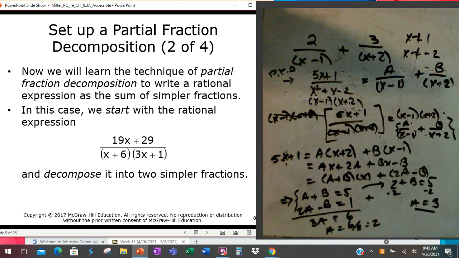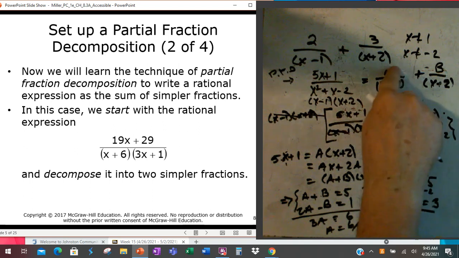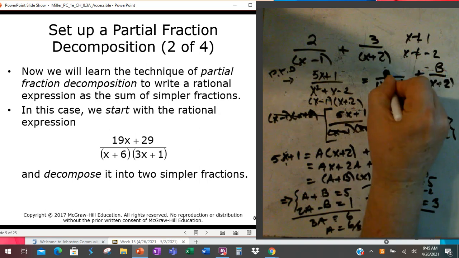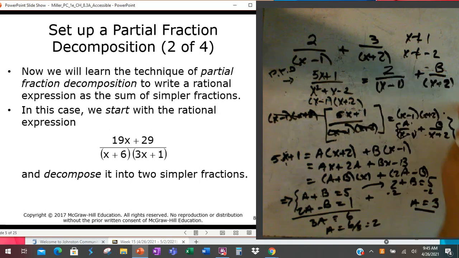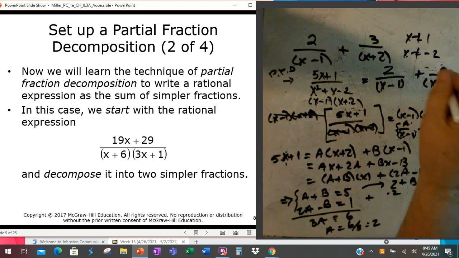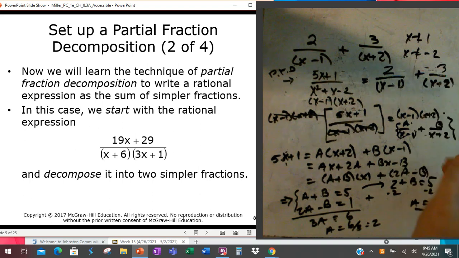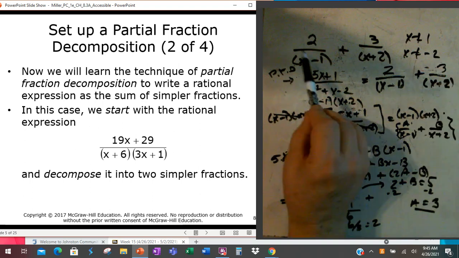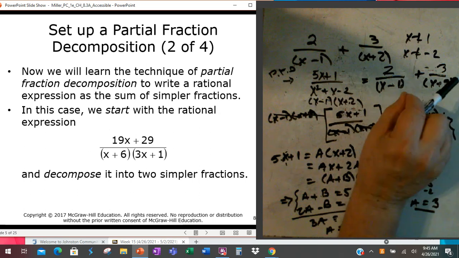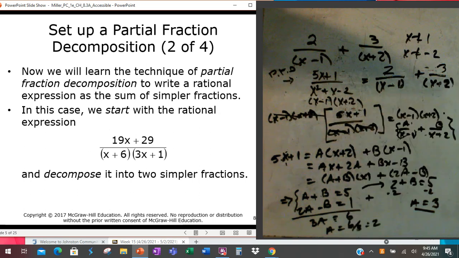So what we would do at this point is rewrite this, my A is 2, so this would be equal to 2. My B is 3, I would rewrite that as a 3, and notice that's exactly what we got when we put these things together, okay?